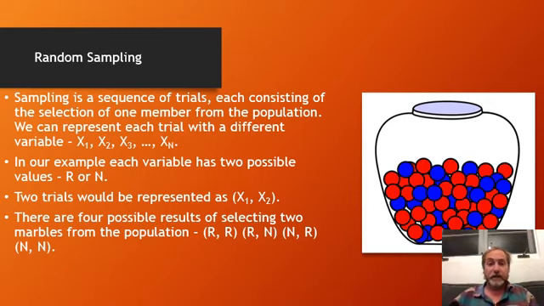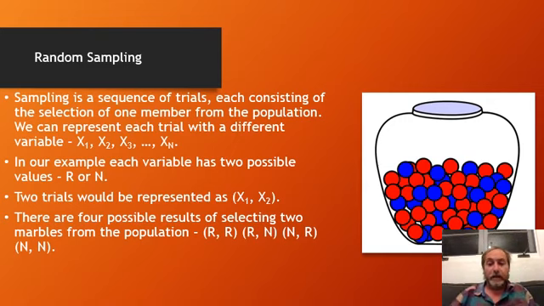Each trial is a selection of one member from the population, so we can represent each trial with different variables, x1, x2, x3 on to xn, depending on how many trials you do. In our example, each variable has two possible values, R for red and N for non-red. So two trials would be represented as a series x1, x2.